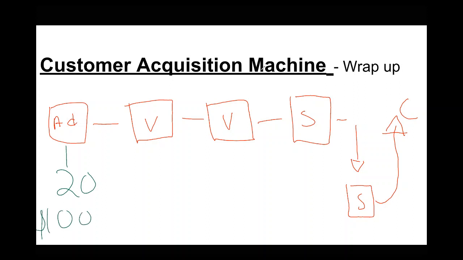Going like that, okay? $100 to get 20 people to here. Out of the 20 people that got to the initial landing page, 10 will watch the next part. Out of those 10 that watched that video after that initial landing page, only 5 will actually book a call.